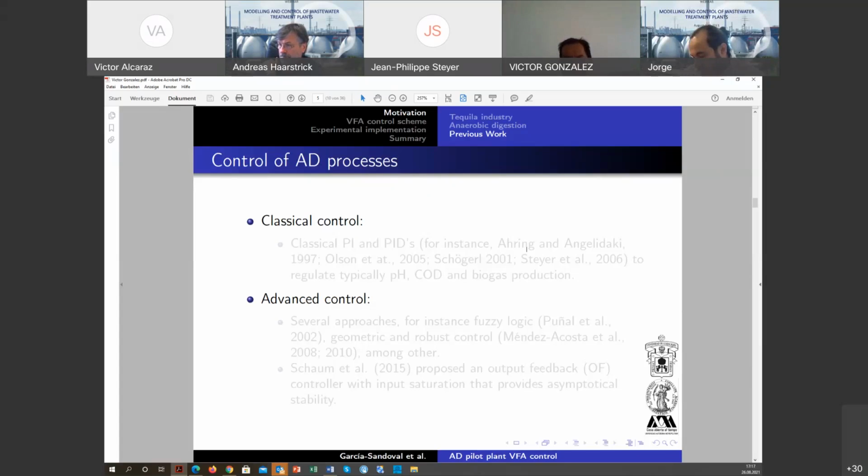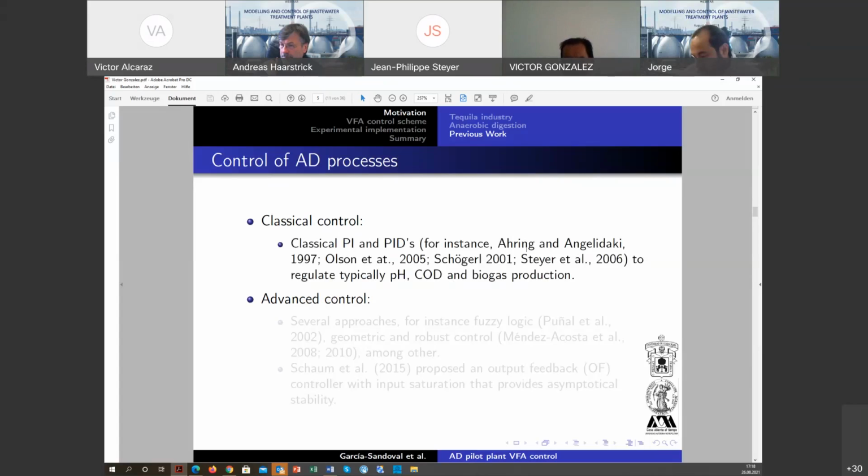The excessive accumulation of volatile fatty acids may lead the digester to a breakdown. That phenomenon is called washout, where the microorganism population dies.